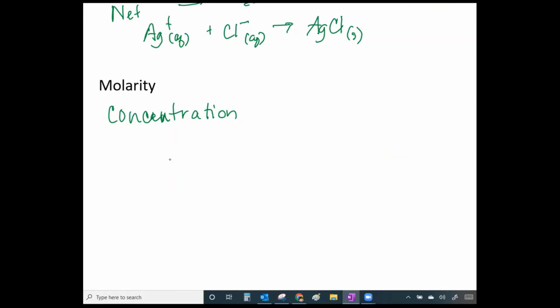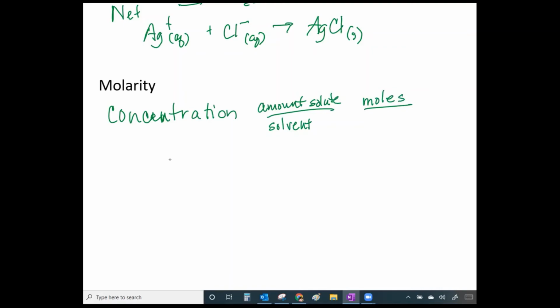Concentration basically means amount of solute that has been dissolved in a solvent. It's a ratio, solute per solvent. Of course, when we talk about amounts in chemistry, we use moles.